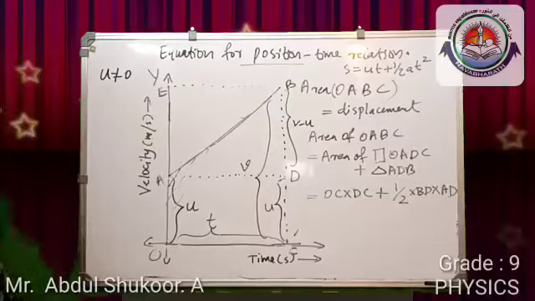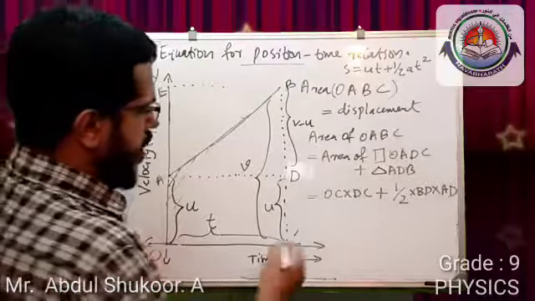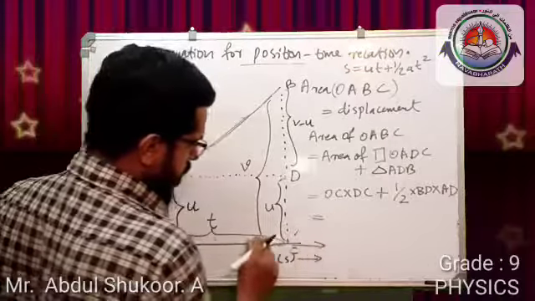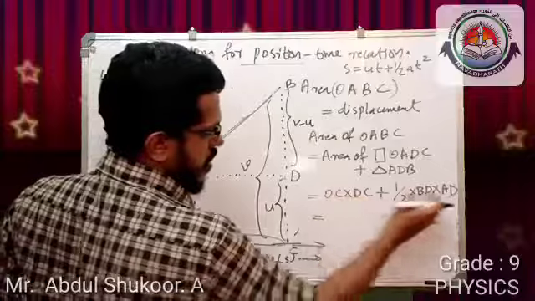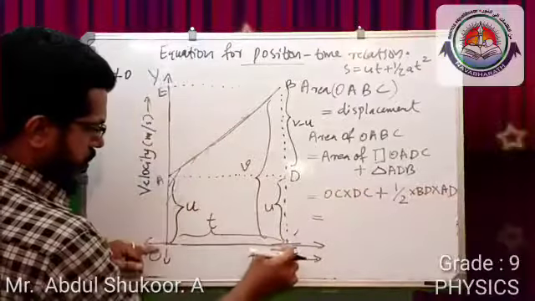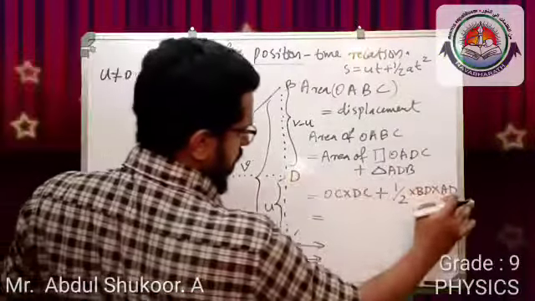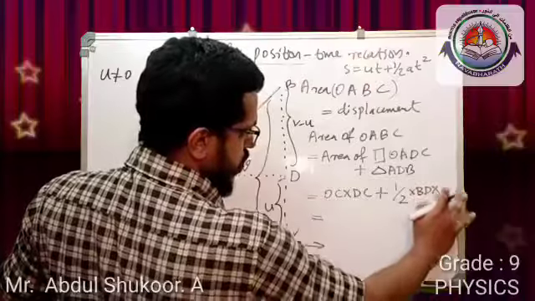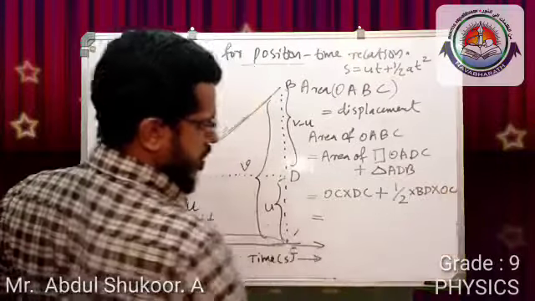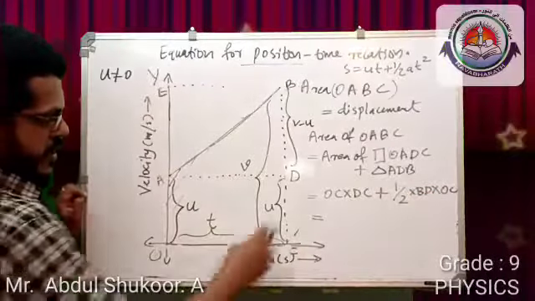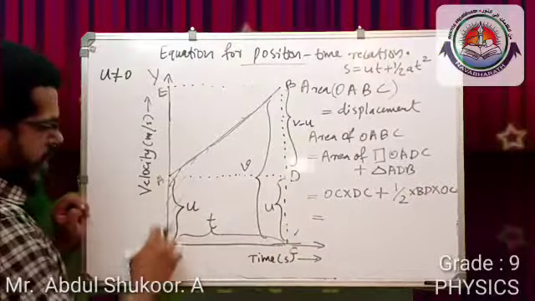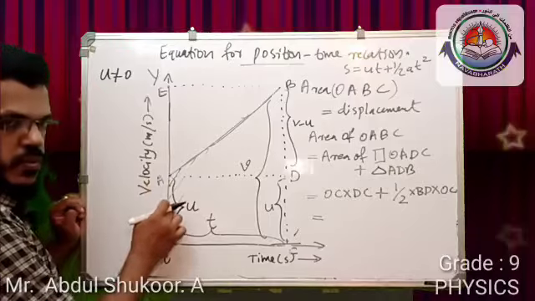Here we know that OC is equal to AD, so we can change this to AD into OC. No problem. Then what about DC? DC is equal to OA, that is the initial velocity U.